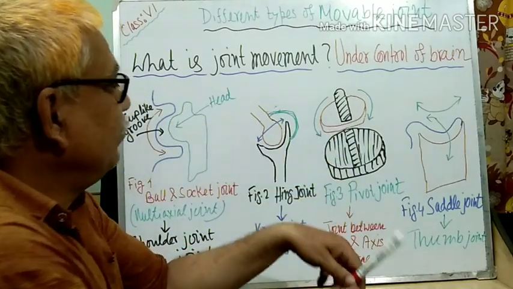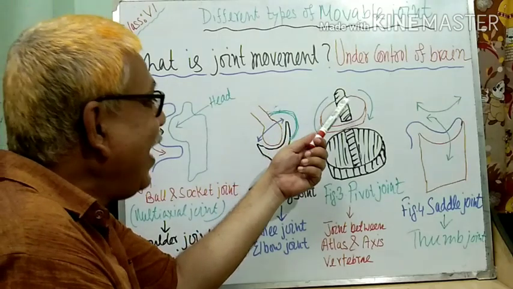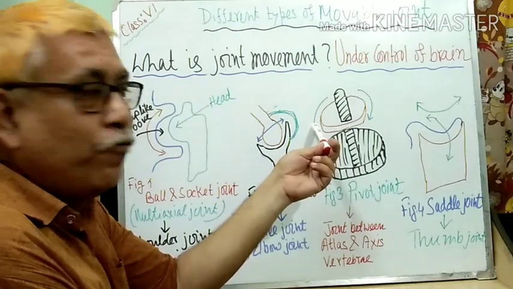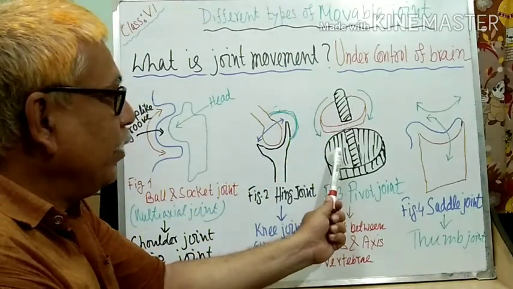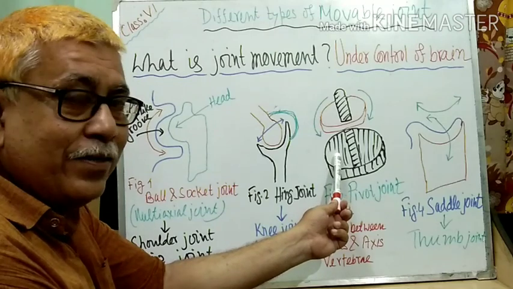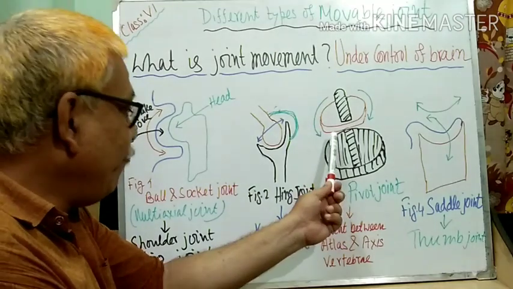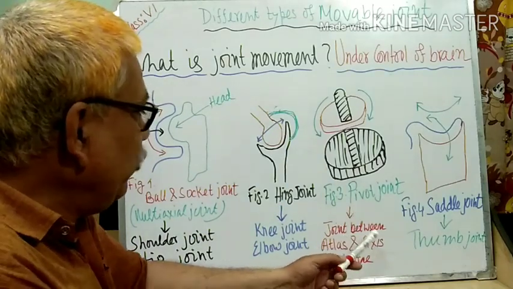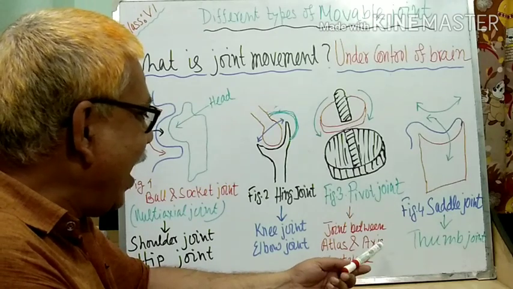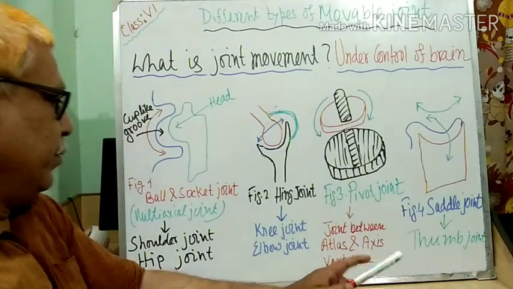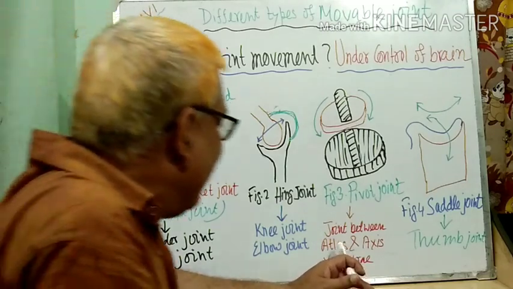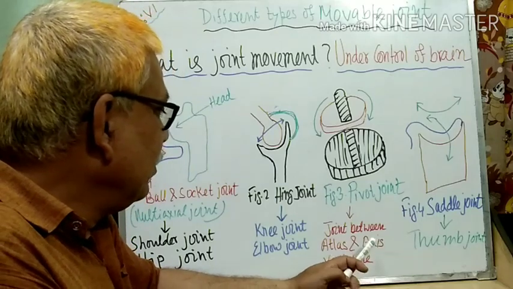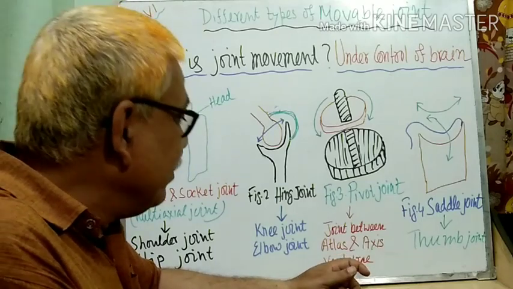As a result, one bone can move or rotate, whereas the other bone remains stationary. We find this type of joint here, the joint between the atlas and axis vertebrae. See here, the atlas is our first vertebra, and the axis is the second vertebra.